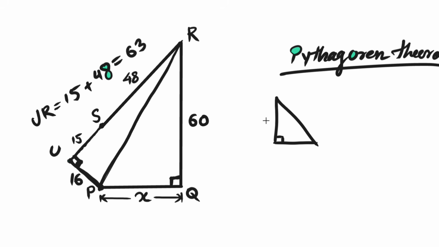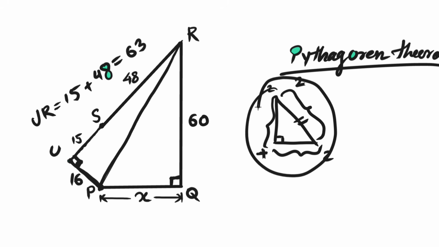For any right triangle, if you take the two shorter sides, called the legs, square each of them, and add those squares together, that total equals the square of the longest side, the hypotenuse. That's the relationship: leg squared plus leg squared equals hypotenuse squared.